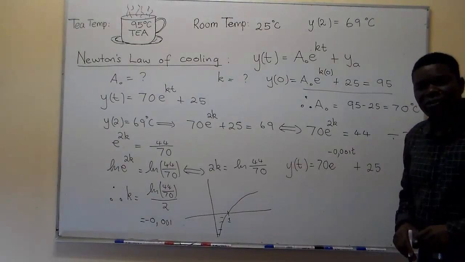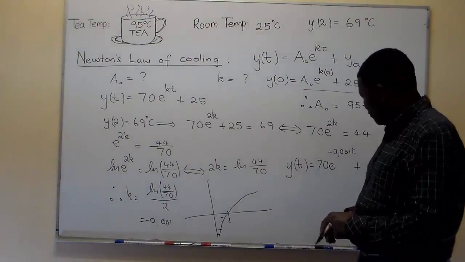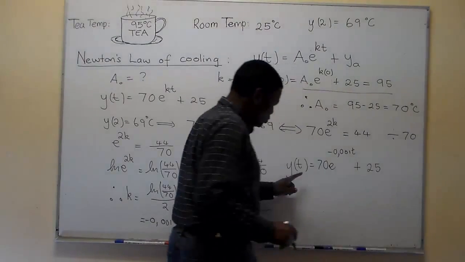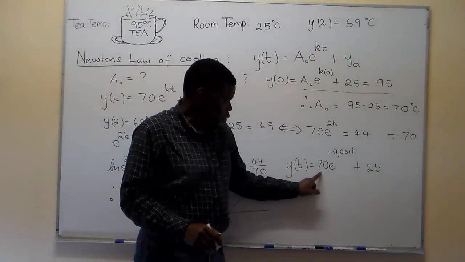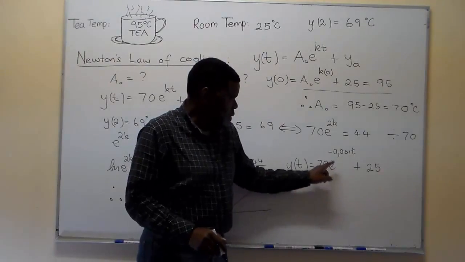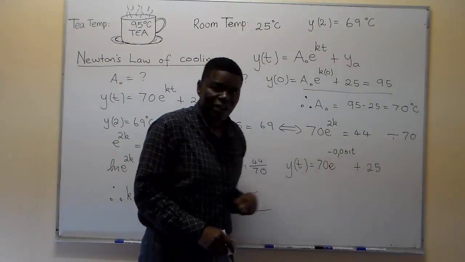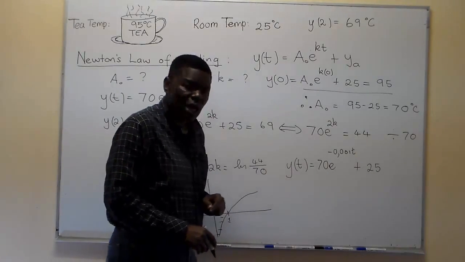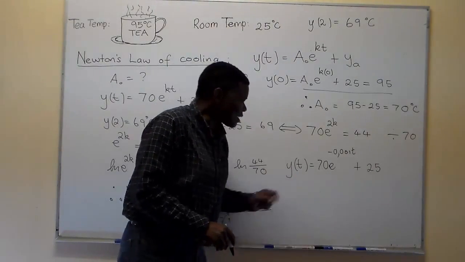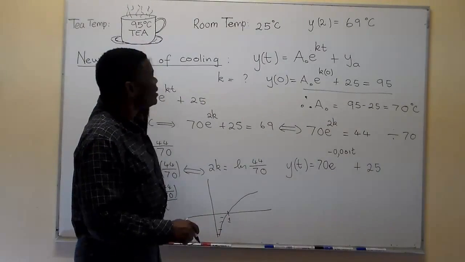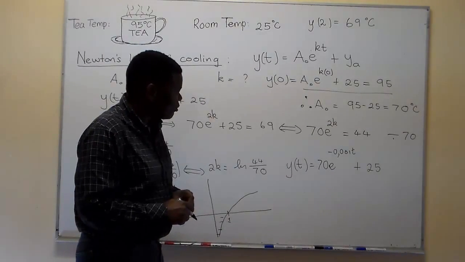So what we've arrived at is a model which is y of t equals 70 e^(-0.001t) plus 25.